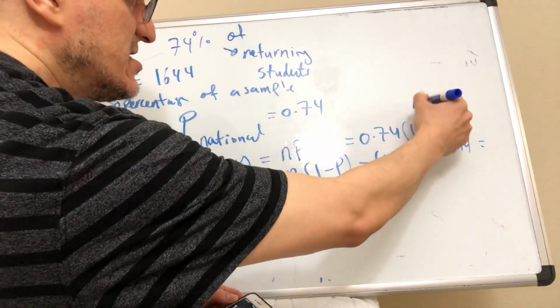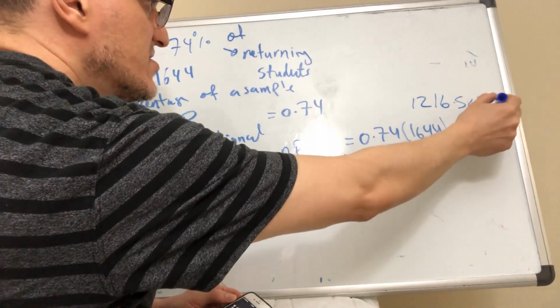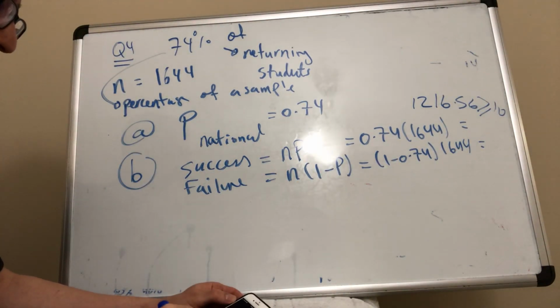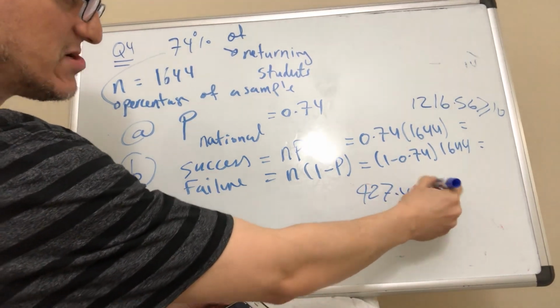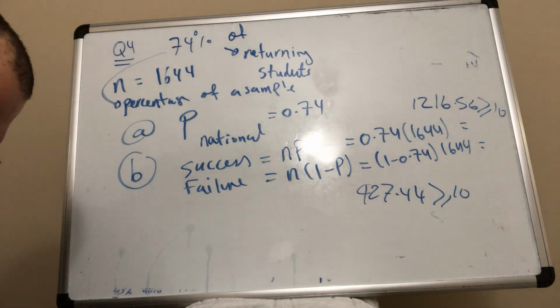The first one is 1216.56. That's more than 10. And if you do the second one, you get 427.44. That's also more than 10. So both numbers are in fact more than 10. And then the question C, construct a 95% confidence interval.